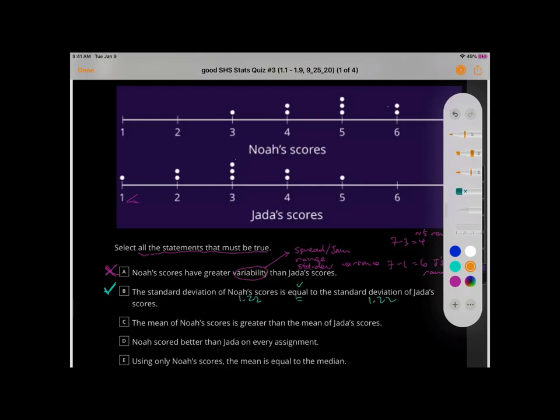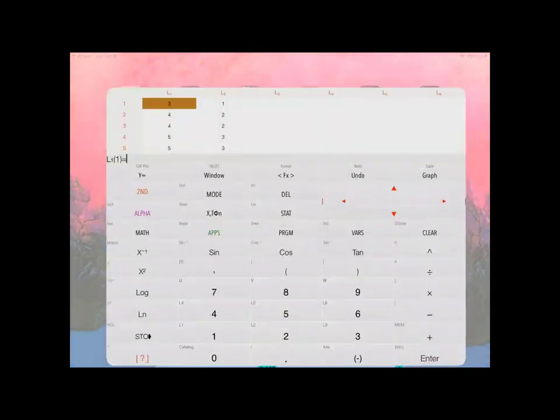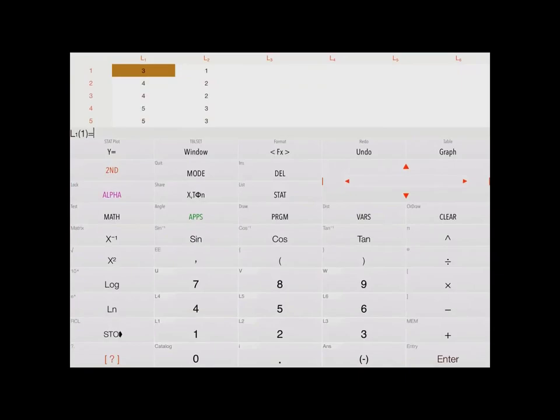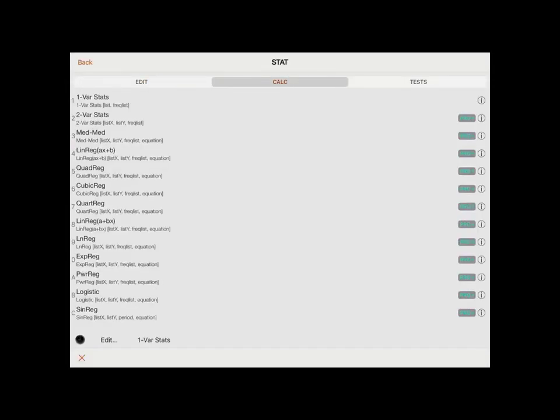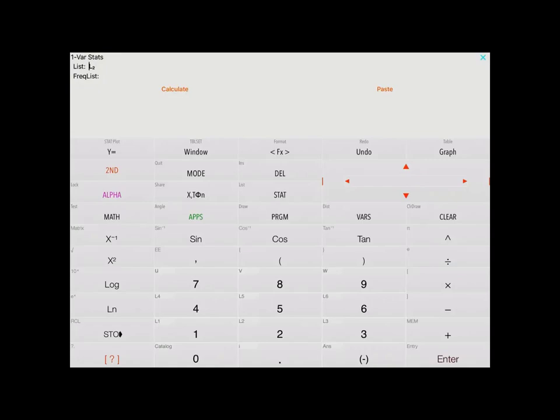The mean of Noah's score is greater than the mean of Jada's score. So, let's pop that back into the calculator. I already have the numbers in there, so I'm going to go stat, calc, stats. I already have list 2 in there, which is Jada's.